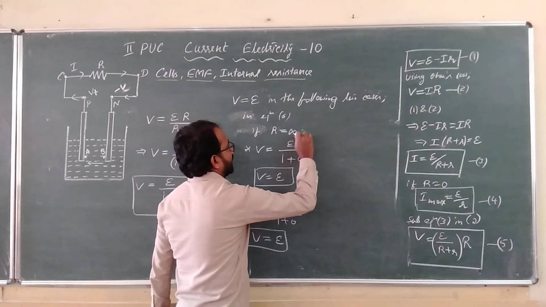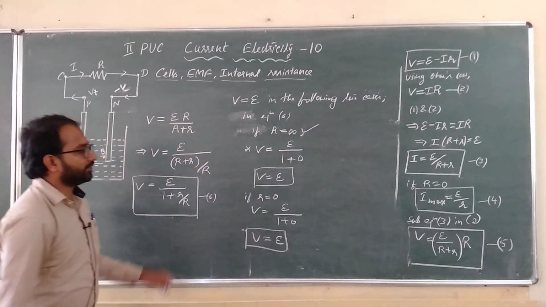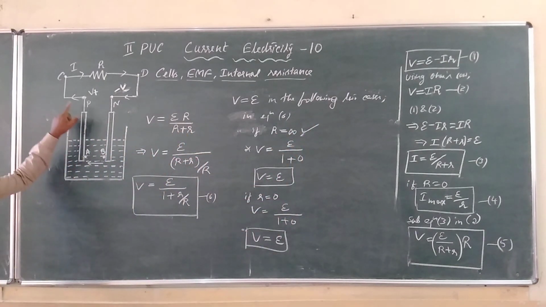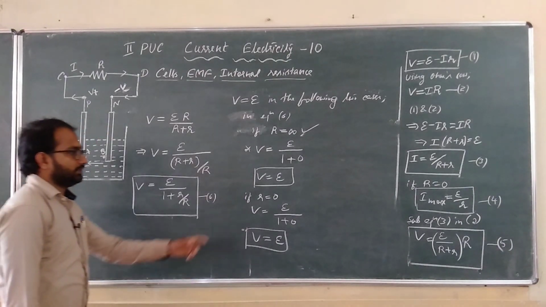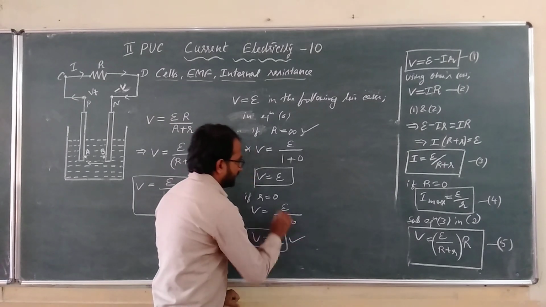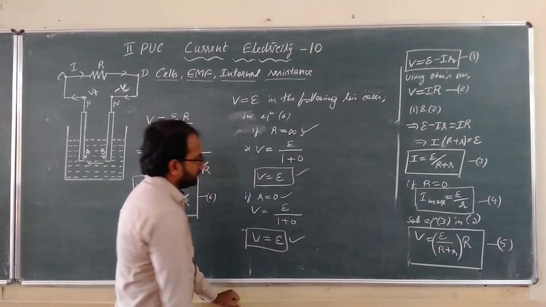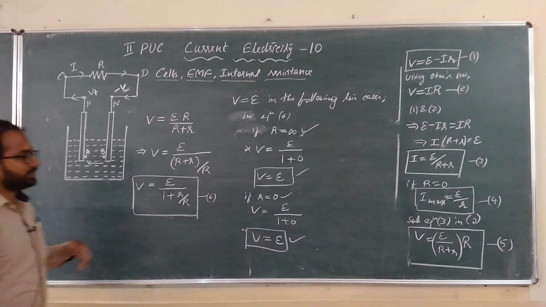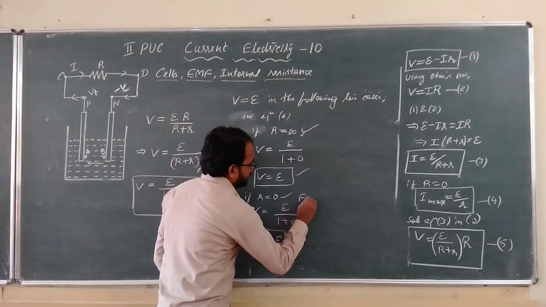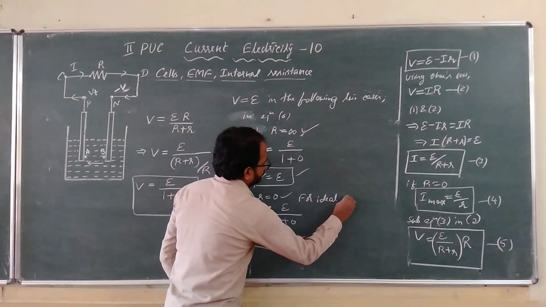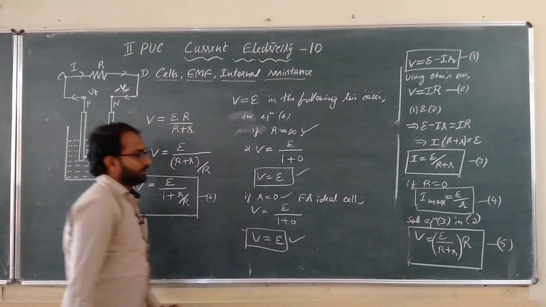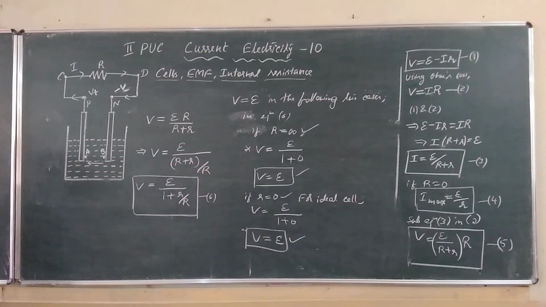Right? If capital R is infinity, then the terminal potential difference across the two electrodes of the cell is the EMF of the cell, or if the internal resistance of the cell is 0, which is possible for an ideal cell. In an ideal cell, internal resistance is 0. For the practically used cells, they do have certain value of internal resistance.